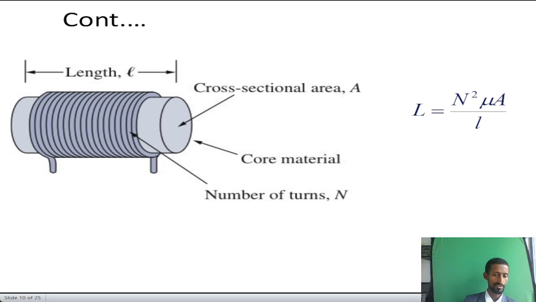So the inductance of an inductor can be calculated using this formula, N squared mu A over l, where l is the length over which the inductor coil is wound. This is the general equation which indicates the inductance of an inductor.